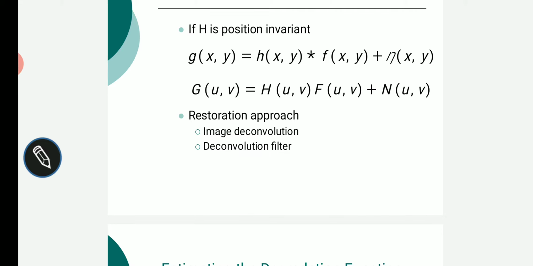Image deconvolution is used frequently for linear image restoration. Similarly, the filters used in this restoration process are often referred to as deconvolution filters.